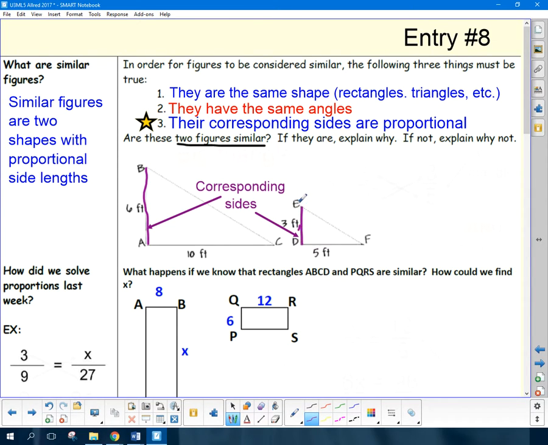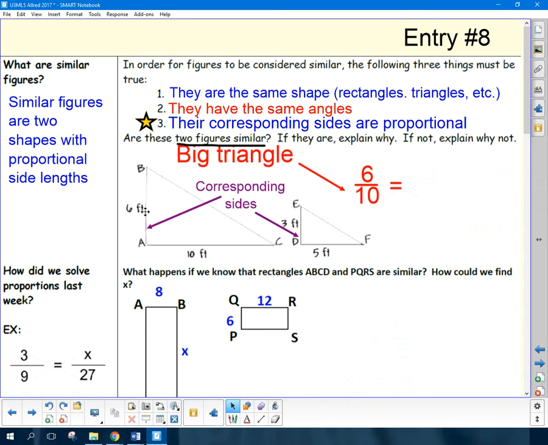So they are both on the same part, the same side at the same place of 2 different triangles, okay? Just like that, AC would be similar to DF, and BC would be similar to EF, okay? So they take up the same place on different sides. Corresponding sides are in the same place on different shapes, okay?